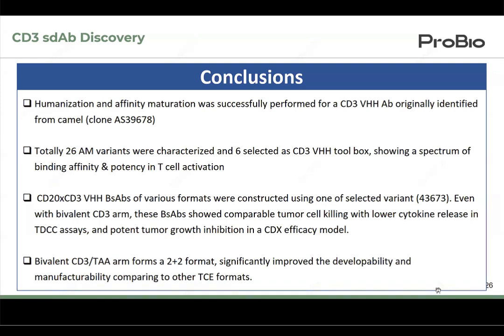So that brings to the conclusion that the bivalent CD3 and TAA arms forming a tetravalent format significantly improve the developability and manufacturability compared to other TCE formats, without any compromise of the safety profile.